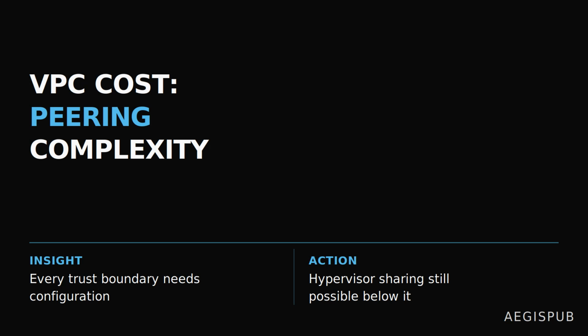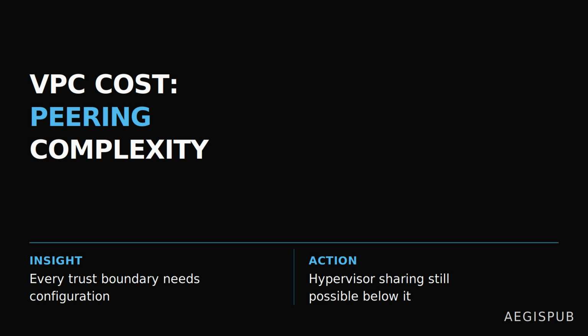The cost of VPC architecture is operational complexity. An organization that moves from a flat network to a VPC per application model must now manage the peering relationships between VPCs when applications need to communicate, the transit gateway or hub architecture that allows centralized services, shared DNS resolvers, patch management systems, monitoring agents, to reach into multiple VPCs without creating a flat shared network, and the security group and network ACL rules that govern what traffic is permitted across those peering connections.